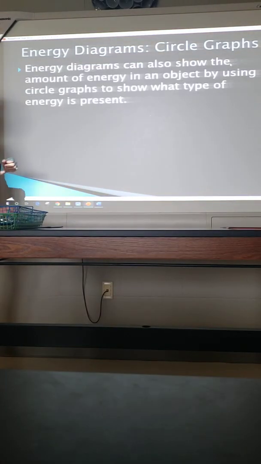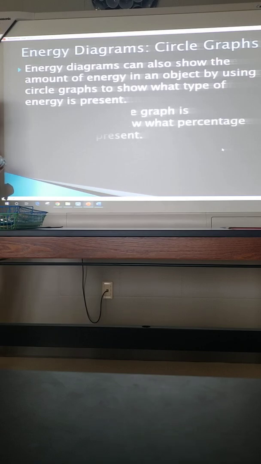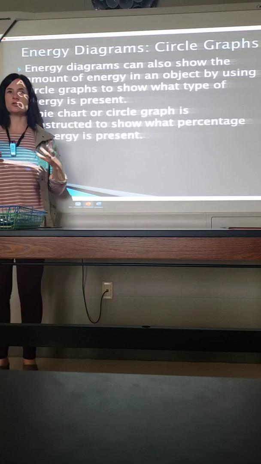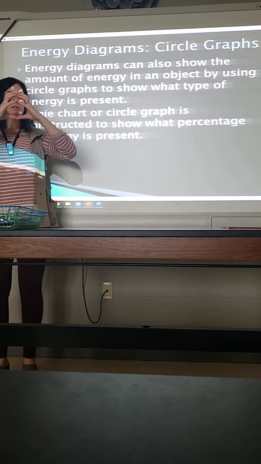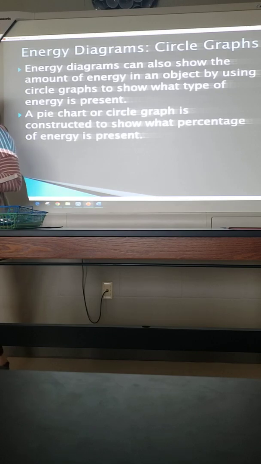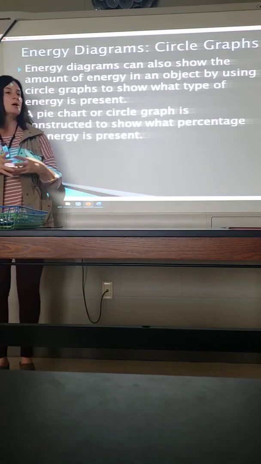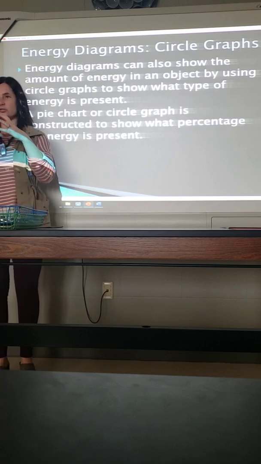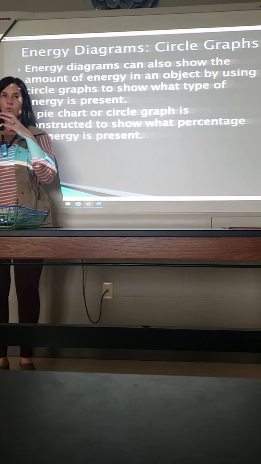This can also be shown with circles, okay, so it doesn't have to be bars. They look like pie graphs or circle graphs, and it will also show the type of energy. Obviously, there's no separate circle for the total. The circle itself represents the total, just like we use a circle graph to represent the percentages. We assume that 100% is the whole. And so if you have all of the energy, it's represented by a filled in total circle.